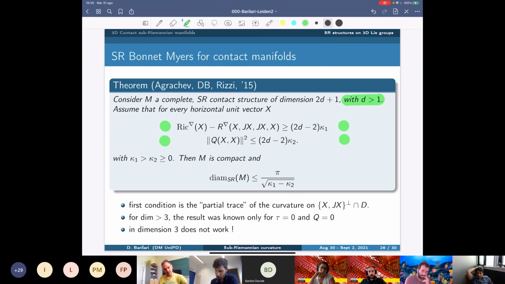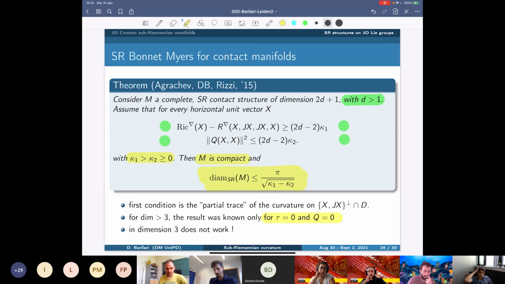Then, if we have an inequality between the two constants, we can provide compactness and an estimate on the sub-Riemannian diameter of the manifold. This was not known outside the case tau equals 0 and Q equals 0.